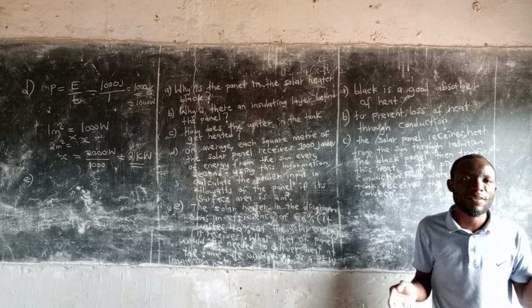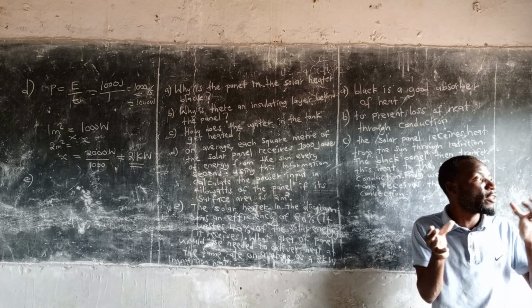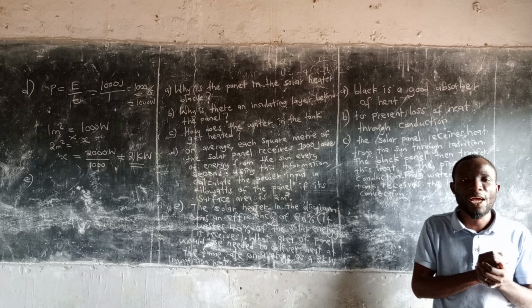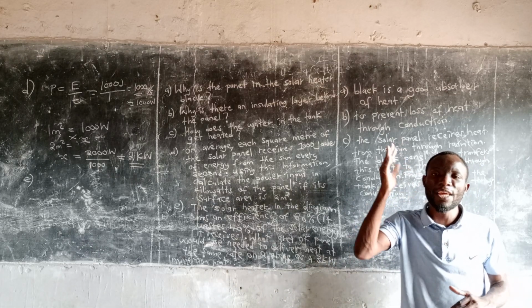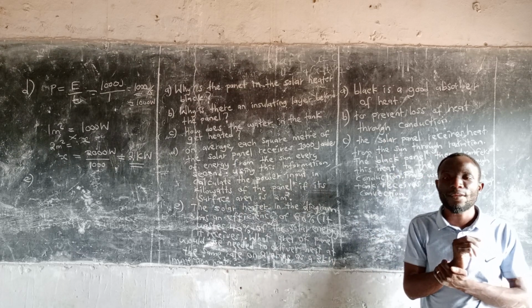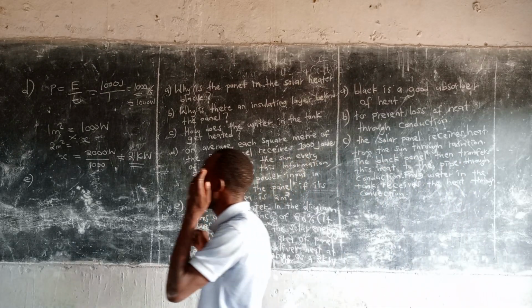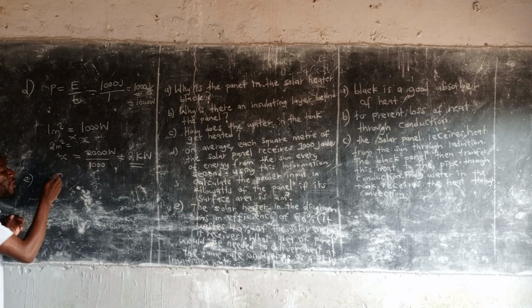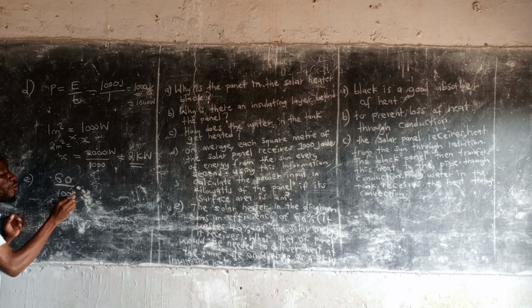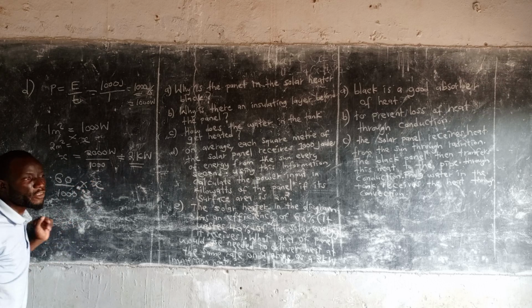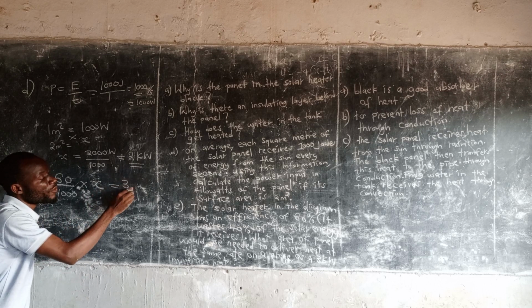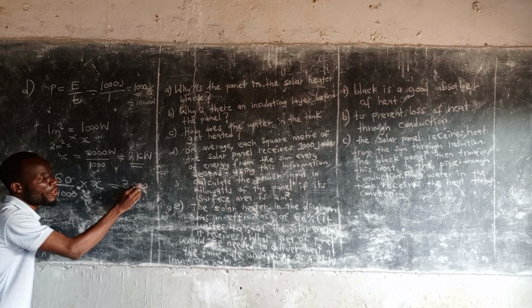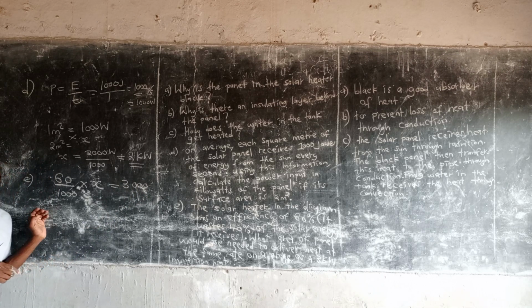Are we together? So the math I'm going to do here is going to make you understand these two things. We are saying 60% of whatever we are generating from the solar panel is supposed to be equal to 3 kilowatts. 3 kilowatts is the same as 3,000 watts.